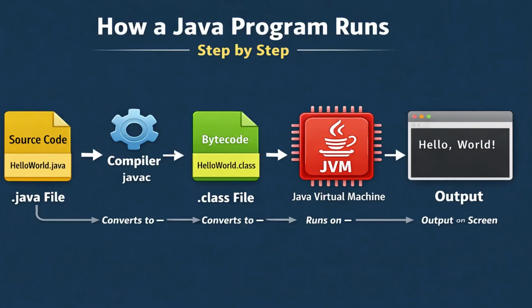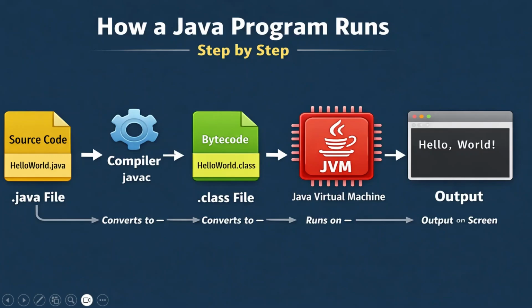You can understand this from this slide. Here, HelloWorld.java is the source code, and it is converted into bytecode by using the compiler, which is understandable by the computer. This bytecode we can see as a dot class file. So the .java file is converted into a dot class file which has bytecode.